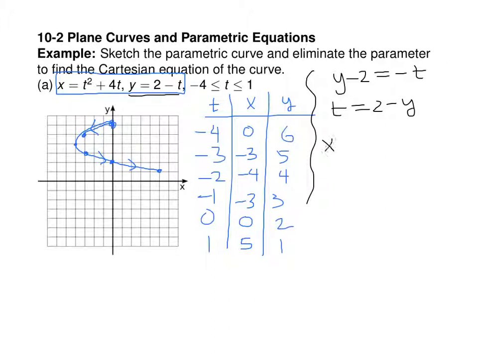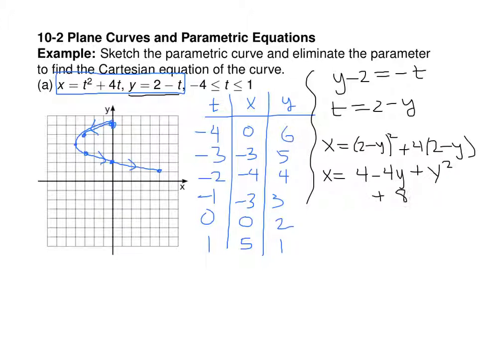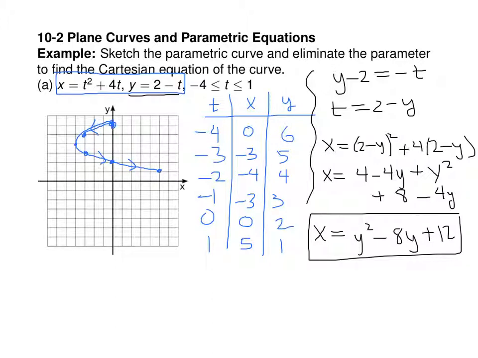And then we have x equals (2 minus y) squared plus 4 times (2 minus y), which, if we expand it out, is 4 minus 4y plus y squared plus 8 minus 4y, or the equation x equals y squared minus 8y plus 12, which does define a sideways parabola opening to the right, so it kind of matches with what your picture is there.